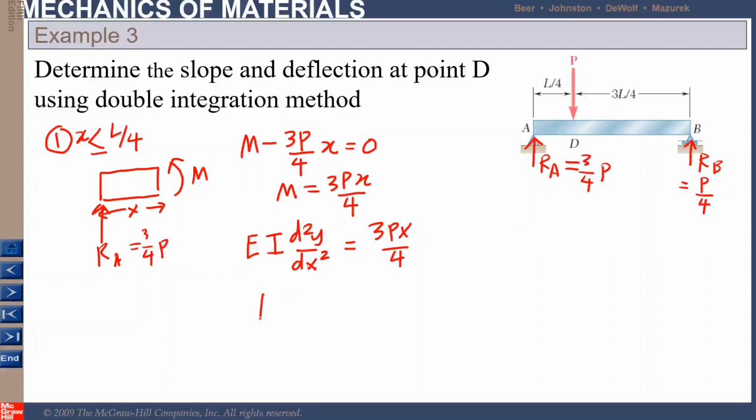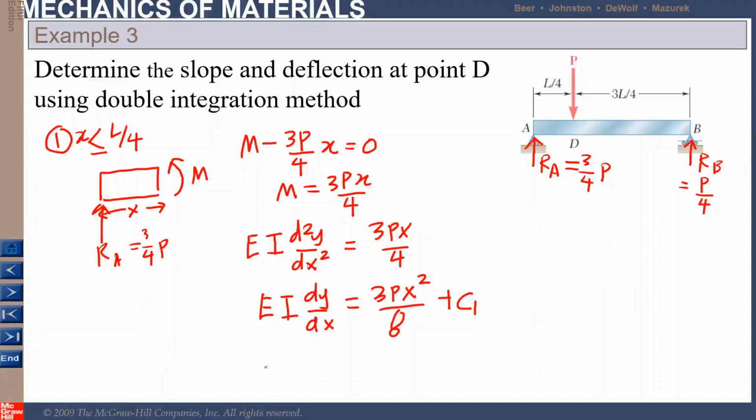Let's integrate this once to get the slope: EI dy/dx is equal to 3Px² over 8 plus c1.